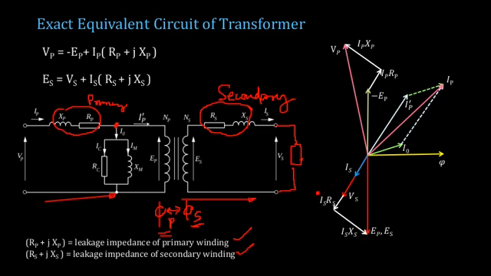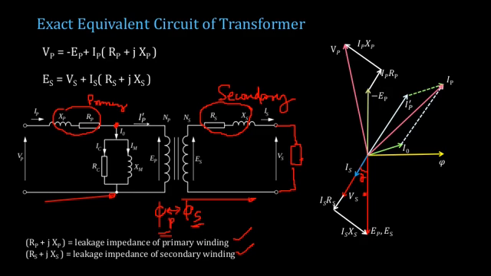Now in order to keep this EP and ES in the vertical position, what I have done is that I have taken IS towards this side, or rather you can say that this IS will be lagging behind this EP by some angle theta.